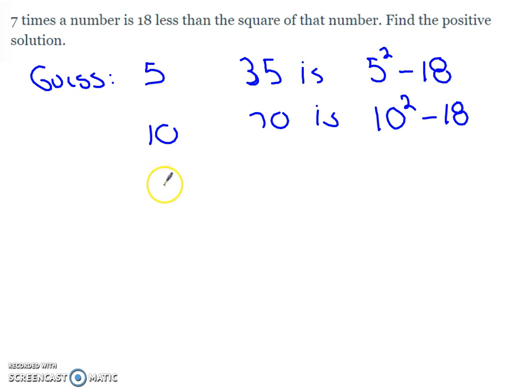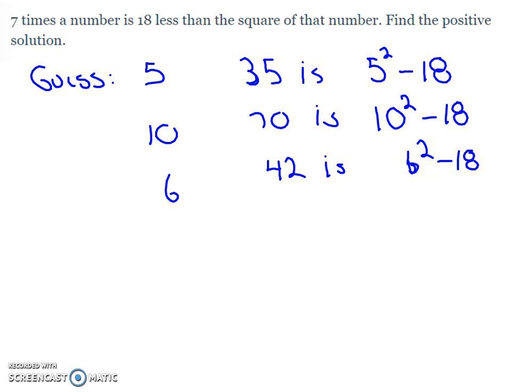How about, I don't know, 6? 7 times the number is 42, right? Okay. Is it true that that is 18 less than that squared, so 6 squared, 36 minus 18? 36 minus 18 is not equal to 42.